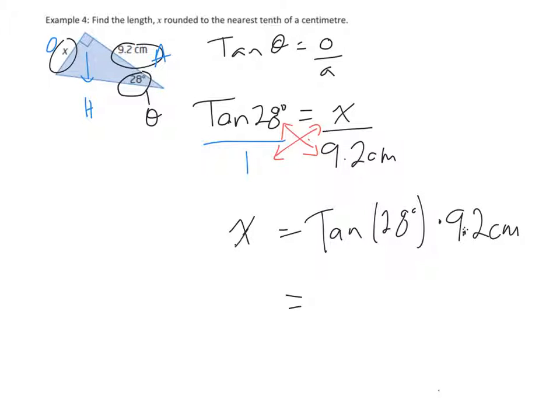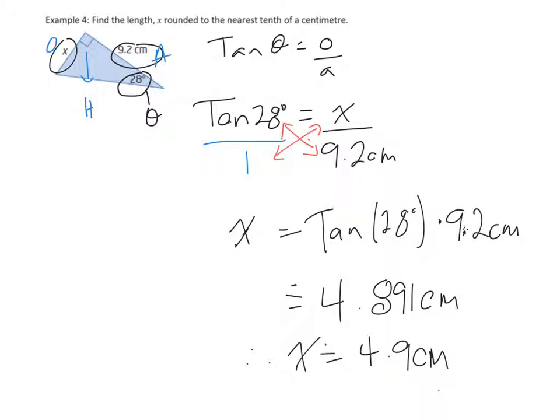And what I end up getting as I press the equal sign is 4.891 centimeters, and in my final therefore, because it's asking for a tenth of a centimeter, I could say therefore x equals, and I rounded that, 4.9 centimeters. Beautiful.